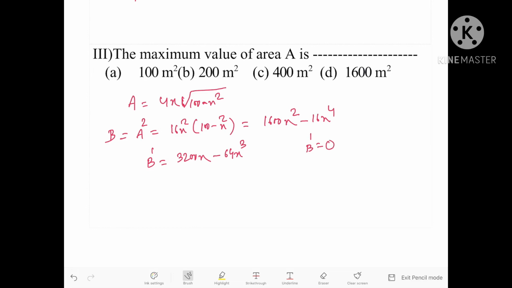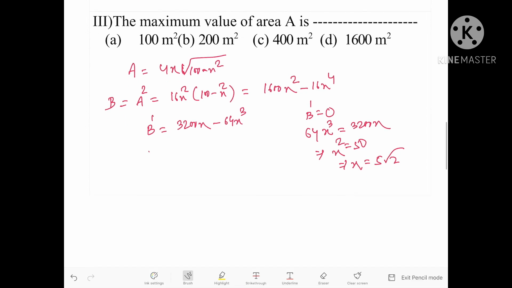If you take B dash equal to 0, then you will get 64x cube is equal to 3200x. So if you solve this, you will get x square equals 50, means x equals 5 root 2.